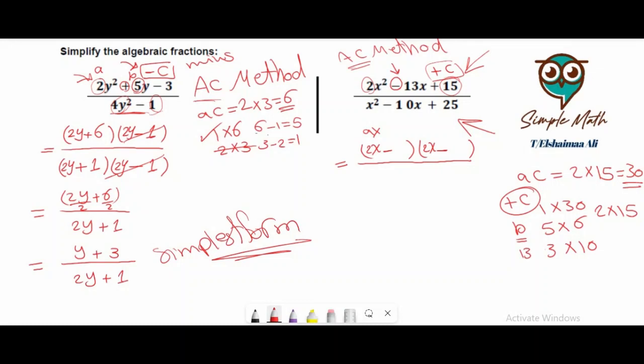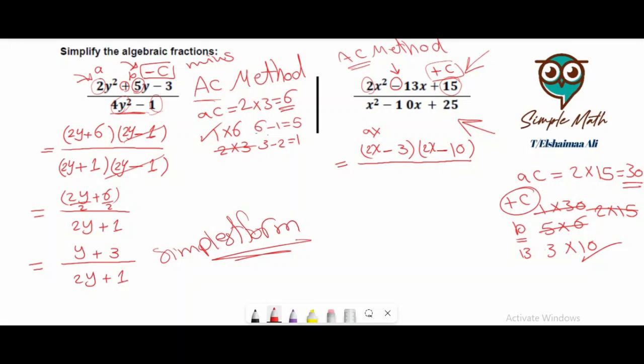So I'm going to choose 3 times 10, because 10 plus 3 gives me 13. So I don't need all of this. I will take 3 times 10.